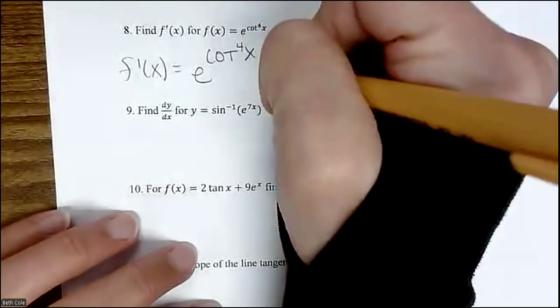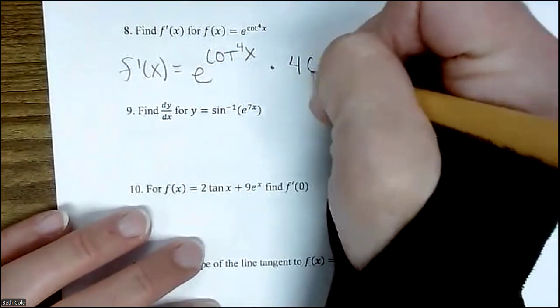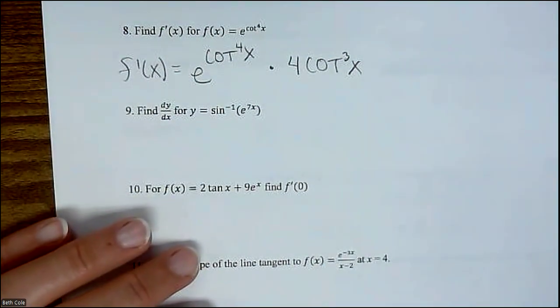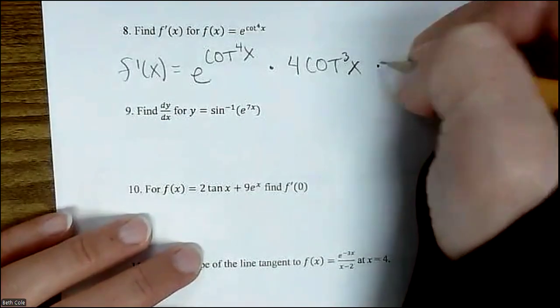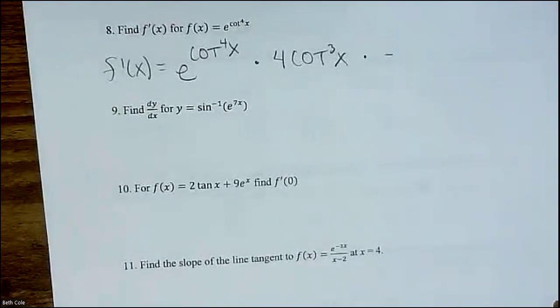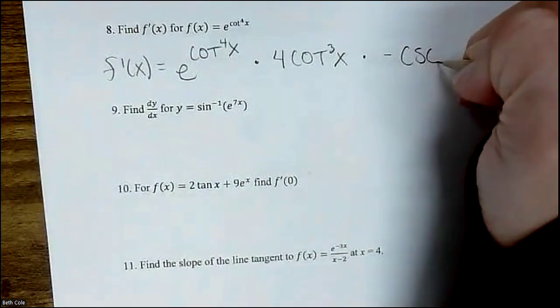And then you're going to do the fourth power. So the 4 comes down, drops to a 3. And then I know this is the hard one because you have to know the derivative of cotangent. But again, when you have choices, the choices will help you out. First of all, it'll be negative there, so that'll help you narrow down choices as well. Does anyone think they remember it? Derivative of cotangent? It is cosecant squared.